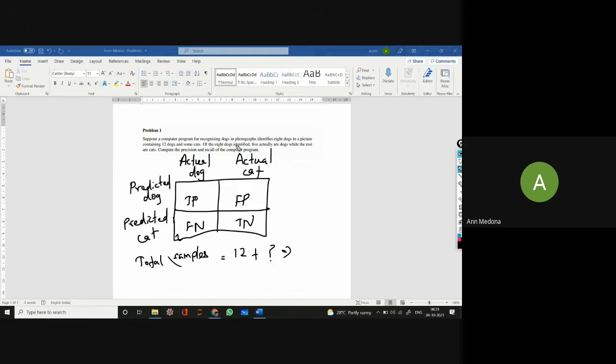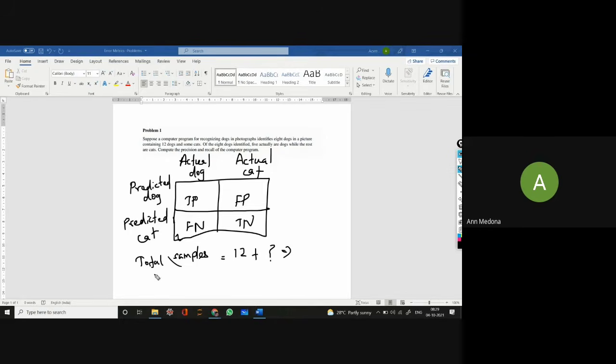Of the 8 dogs identified, 8 dogs identified in the sense 8 dogs predicted. Totally we are having 12 dogs plus some cats in the given data. So from the given data 8 dogs are identified, that is, 8 dogs are predicted. Out of the 8 dogs predicted, 5 are actually dogs.